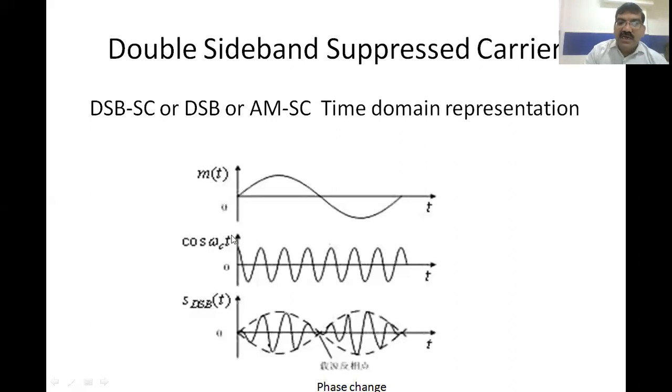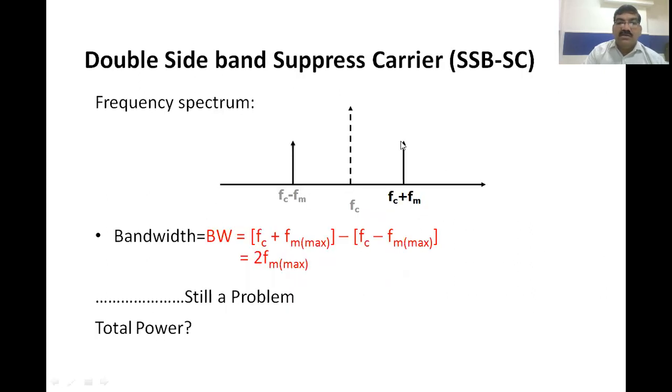Now we have to understand that a signal can be represented in the time domain, that is on the time scale with amplitude, as well as in the frequency domain. We require both representations for understanding different parameters and concepts. Now this FC is the center frequency you are transmitting, and a huge power is required here.